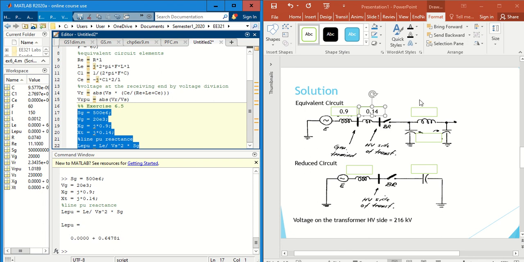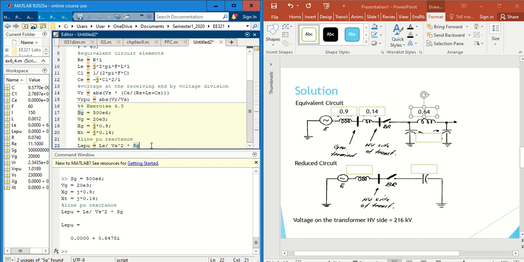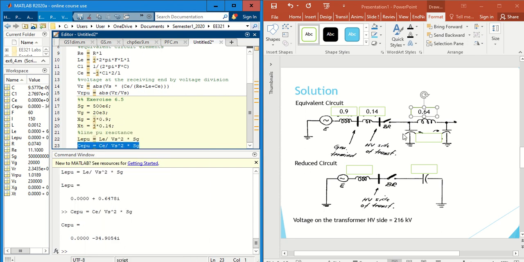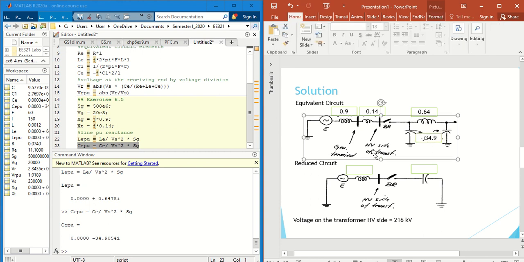So LE per unit is 0.64. And now for the capacitors, C equivalent per unit is equal to CE divided by Vs squared multiplied by Sg. Remember, we are converting into per unit. So this is minus j 34.9. Remember, it's minus j. Okay, so we have found the equivalent circuit.